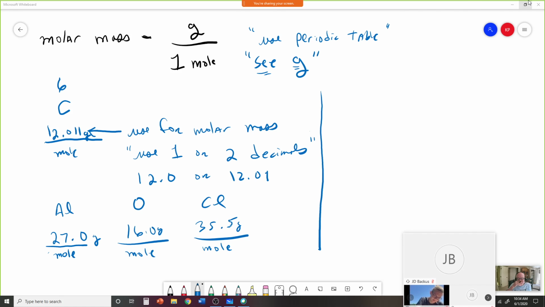Now let's figure out the molar mass of a couple of things. Let me show you how it works. Let's start with aluminum oxide. I want to calculate the molar mass of this. What is the molar mass?